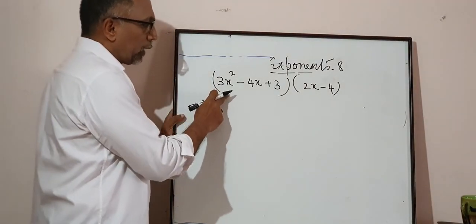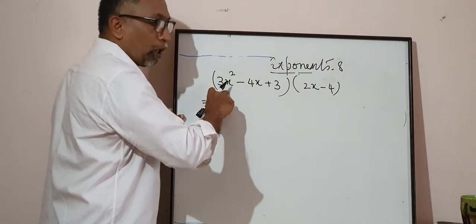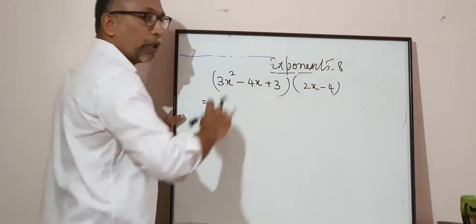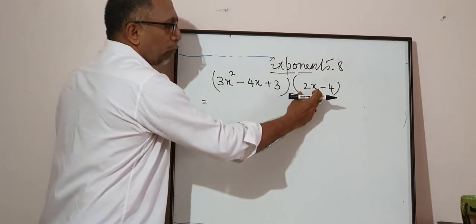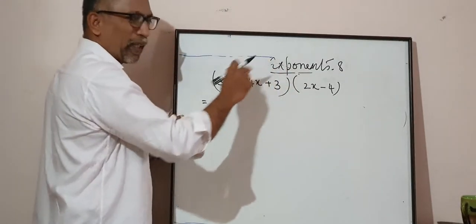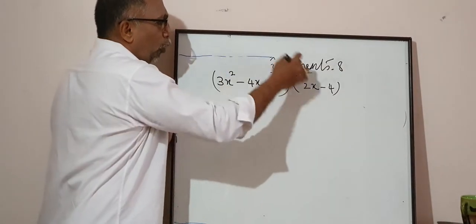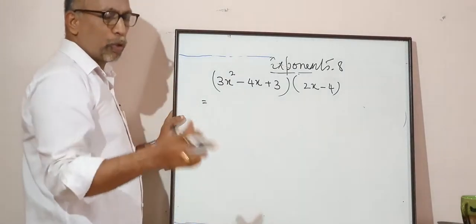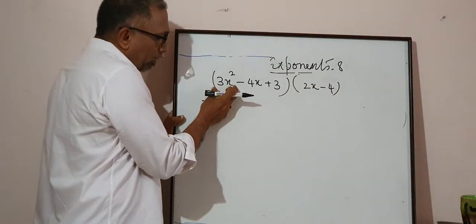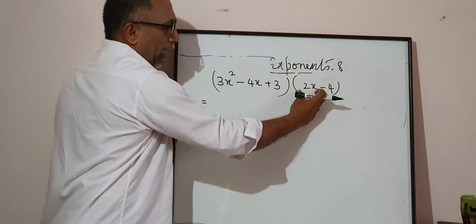Each term has to be multiplied with both the terms on the other side. So let's take 3x² times 2x. I don't want to draw it and confuse you, because it's actually very easy. So 3x² times 2x.